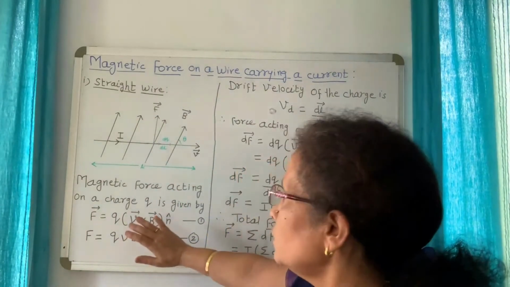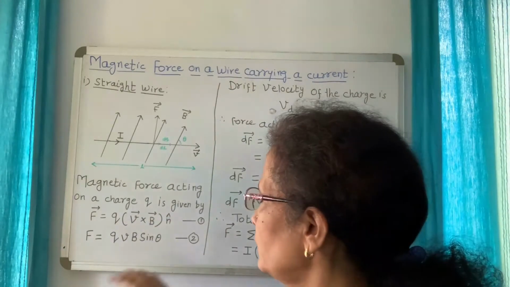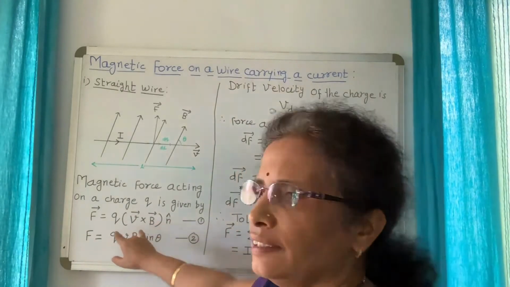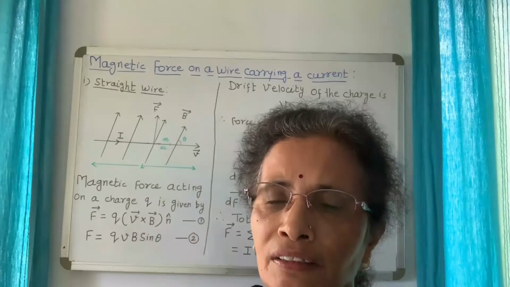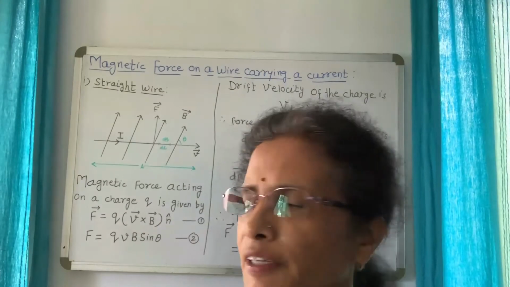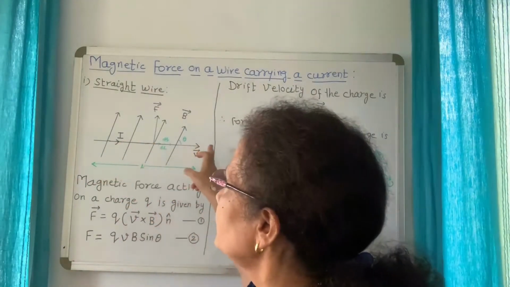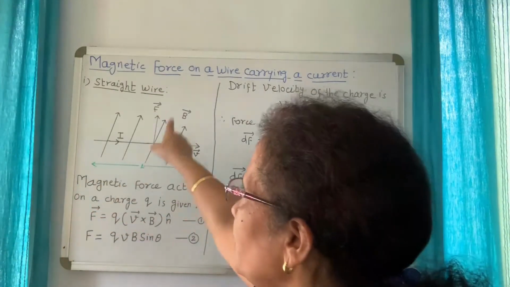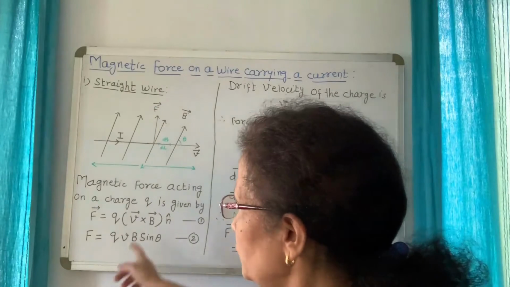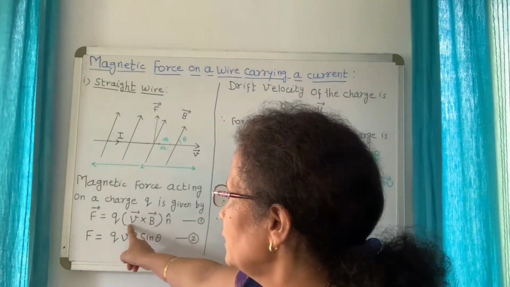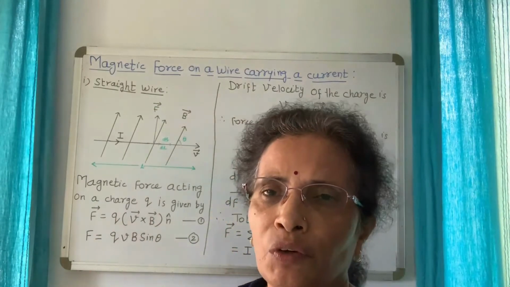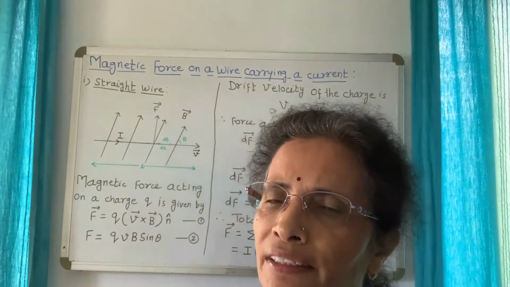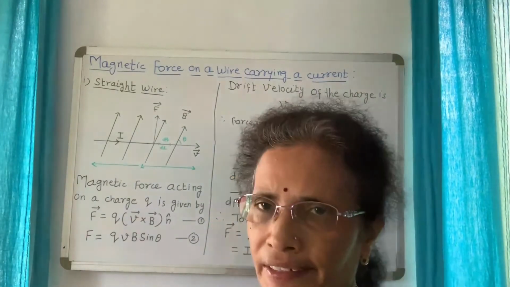Right. Now what is our aim? We have to find out this theoretical equation in the form of the given quantities. Which quantities are given to us? The current is given, length of the conductor is given, and the magnetic field is given. So in this equation, velocity and charge we want to replace in terms of the length and the given quantities.